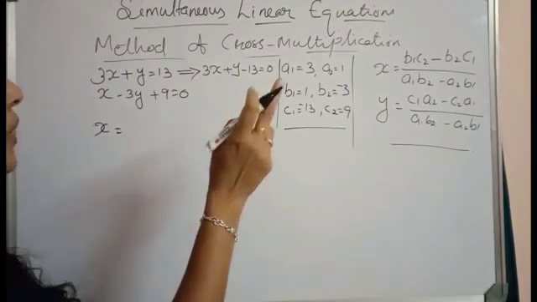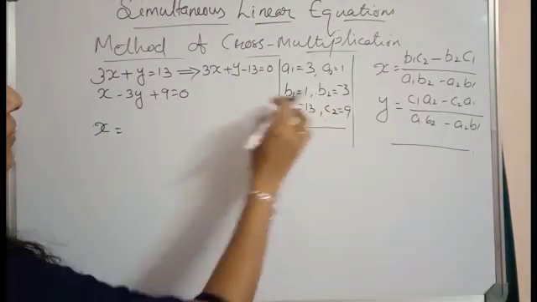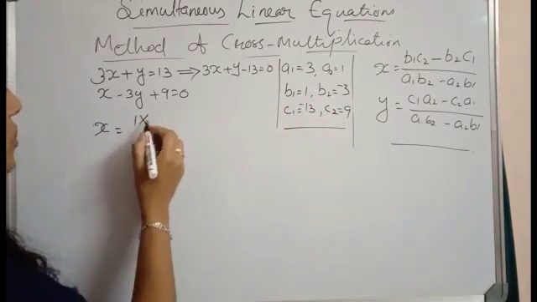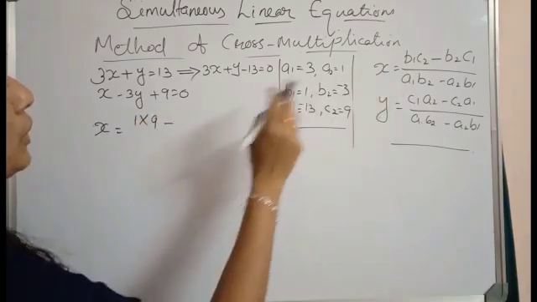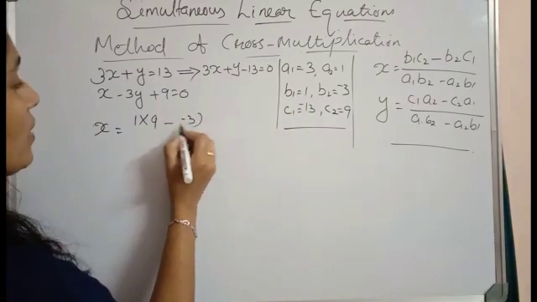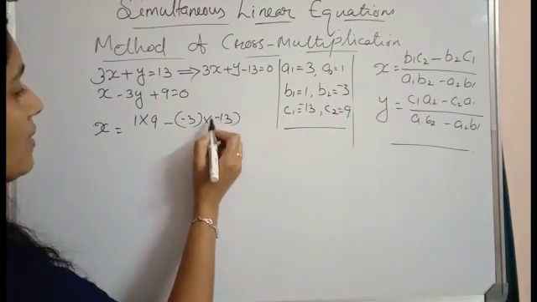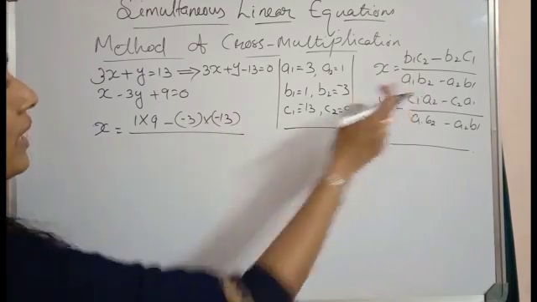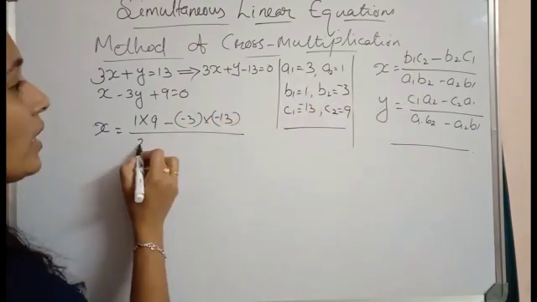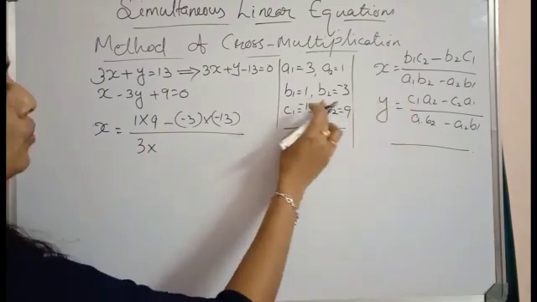x is equal to b1c2, b1 into c2 9, minus b2, b2 is minus 3 into c1. What is c1? Minus 13, divided by a1, a1 is 3 into b2. What is b2?